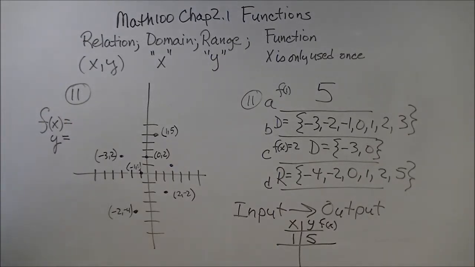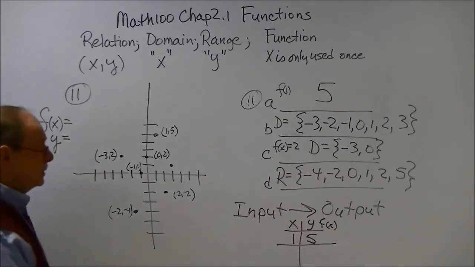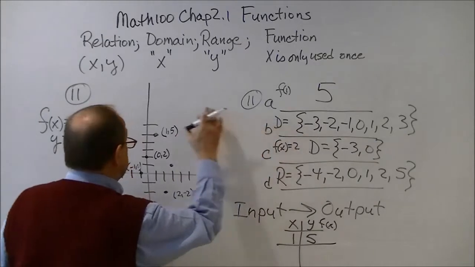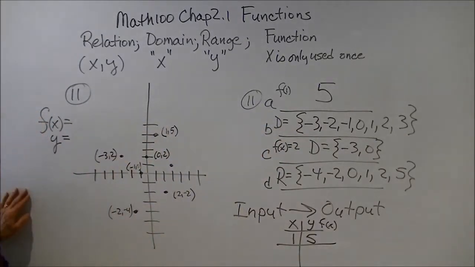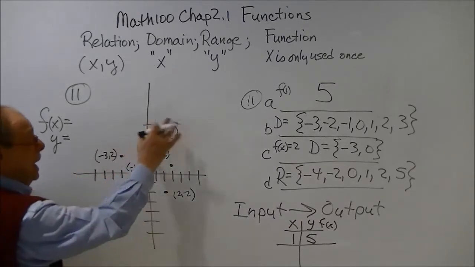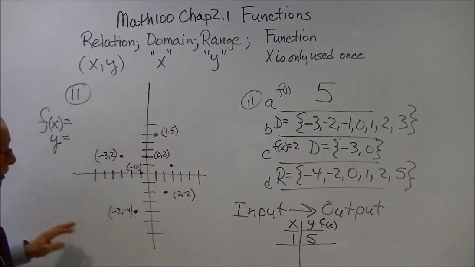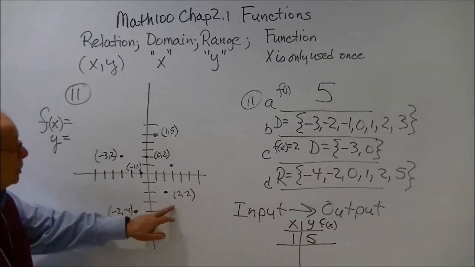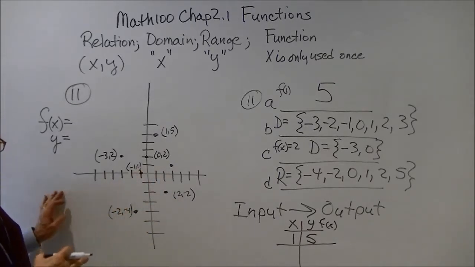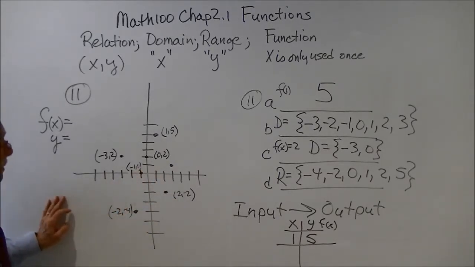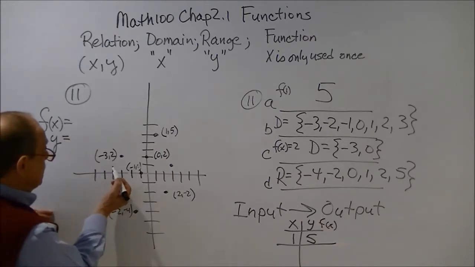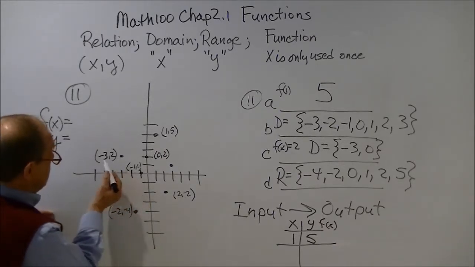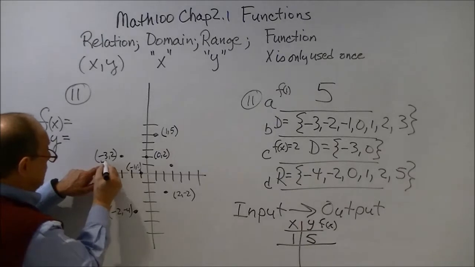Now, part B of question 11 is pretty easy. And what they're asking is, what is the domain for this graph? So the domain would be all of the x values. Now, notice in your booklet, they don't put the ordered pairs. I put them there so you could see them. So you're starting here, and you're saying this one is a -3.